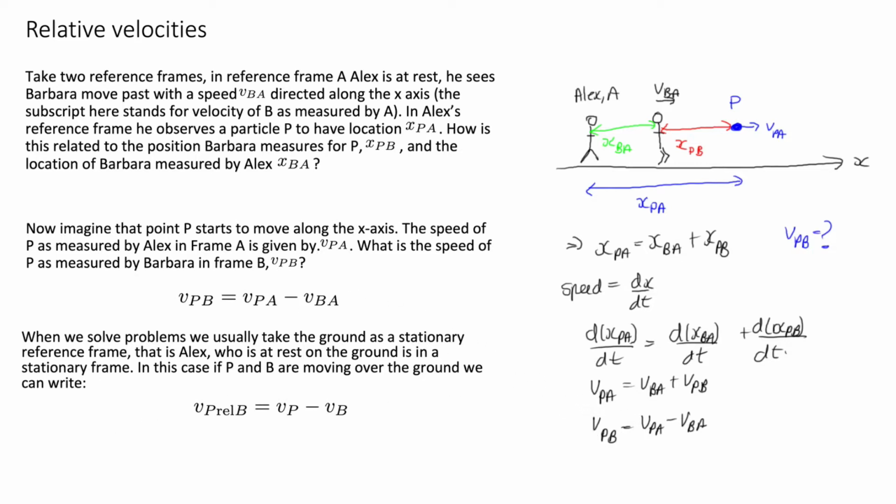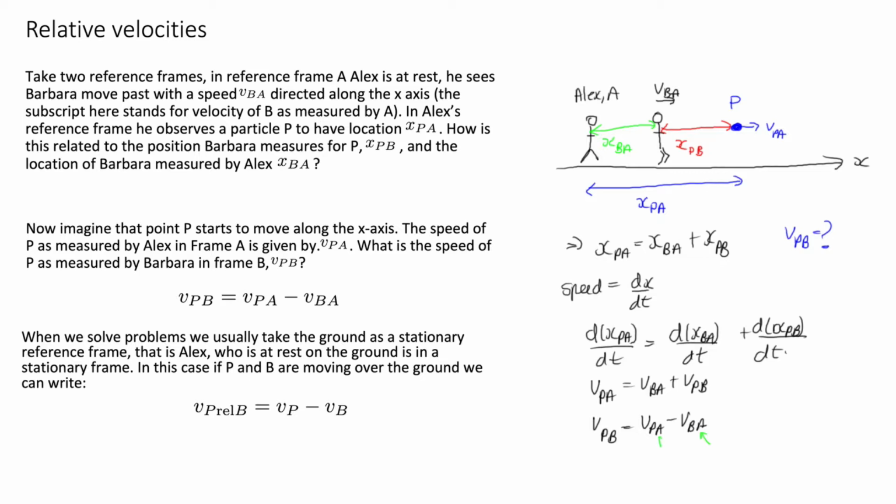Now, we're told that when we solve problems, we usually take the ground as the stationary reference frame. Alex is stationary on the ground, so we could replace Alex here with the ground. We don't always show this subscript for the ground because it comes up so much.